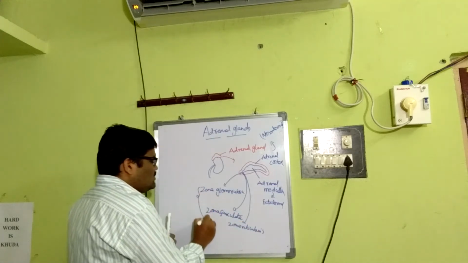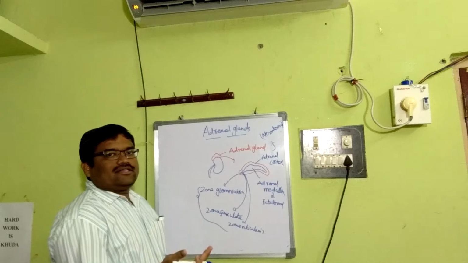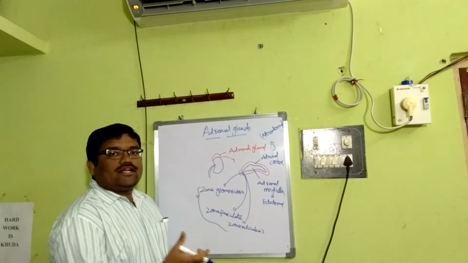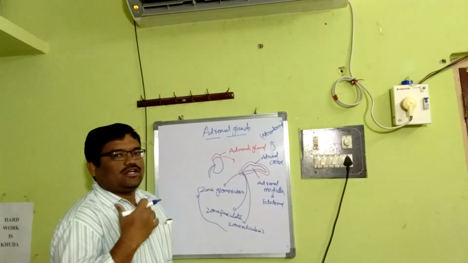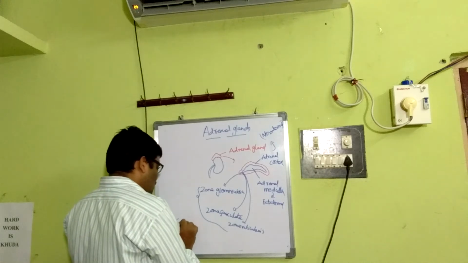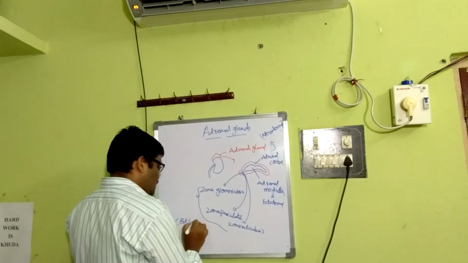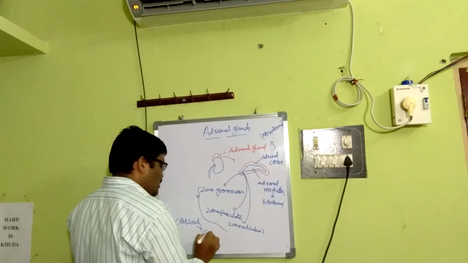The hormones of the adrenal cortex combined, that means zona glomerulosa, zona fasciculata and zona reticularis, are considered as corticoids. They are steroid hormones.